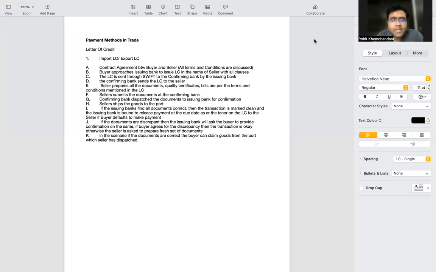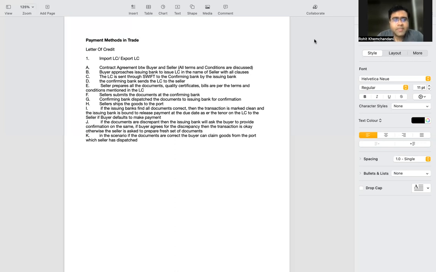If there is any discrepancy in the documentation, the issuing bank will go to the buyer, say this is the issue with the documentation, and ask whether we can go through the paper set or not. If the buyer is okay, then there is no issue. The bank will give the confirmation. And if the buyer disagrees, then the seller has to re-prepare all the documentation from its end.